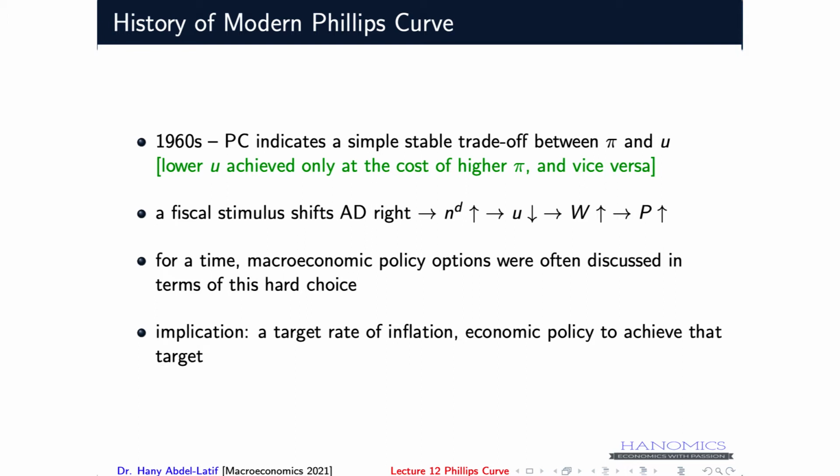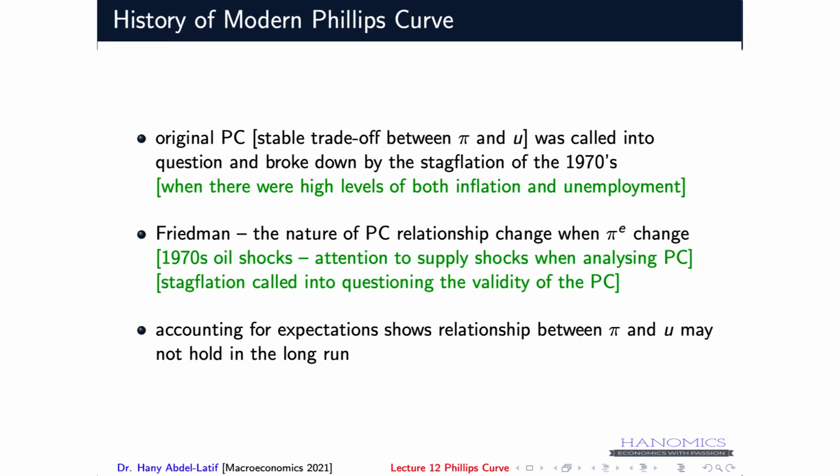Then you can just design your policy, whether monetary or fiscal policy, to achieve that target, knowing that you must accept higher inflation if you want to lower the unemployment rate, or the other way around.